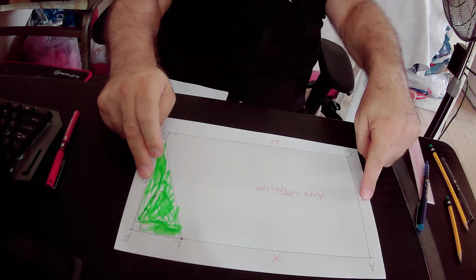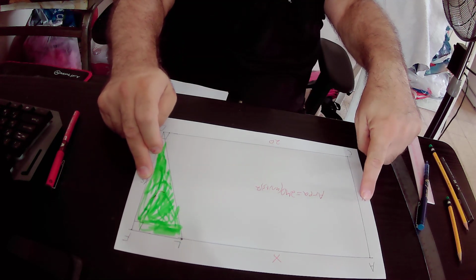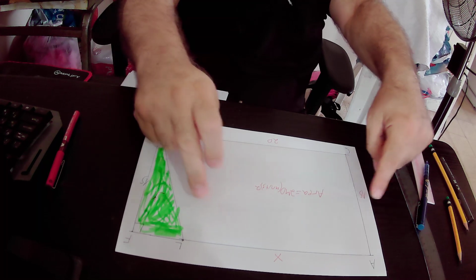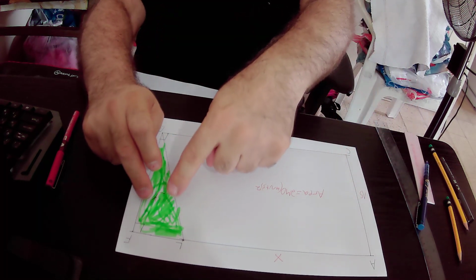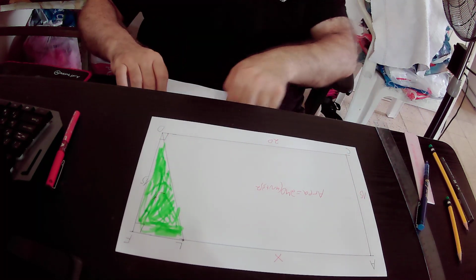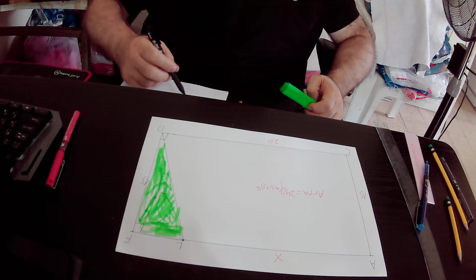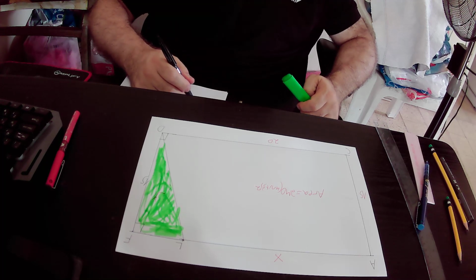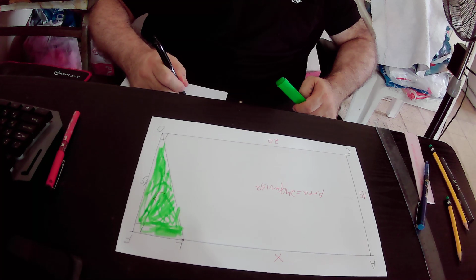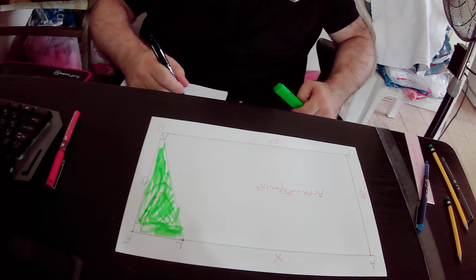Very simple. You can see it from the drawing. The area of the rectangle minus the area of the white shape equals the area of the right green triangle.